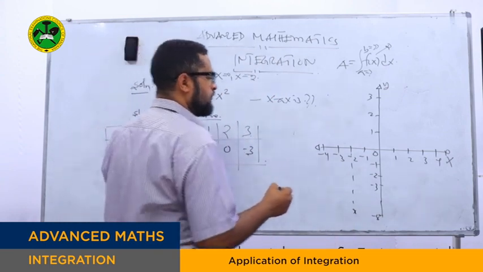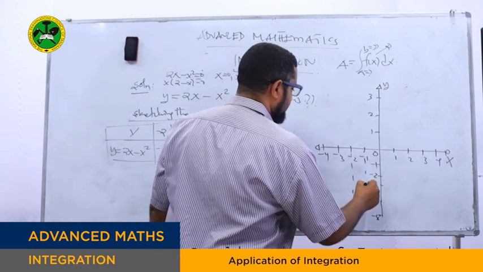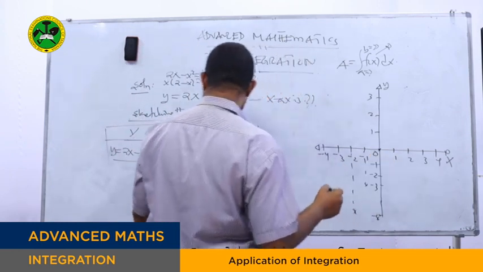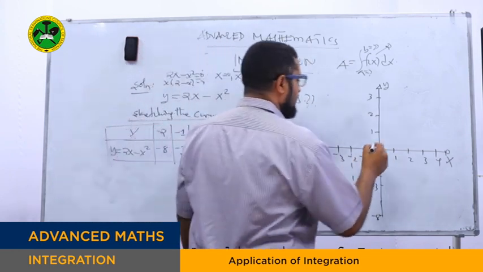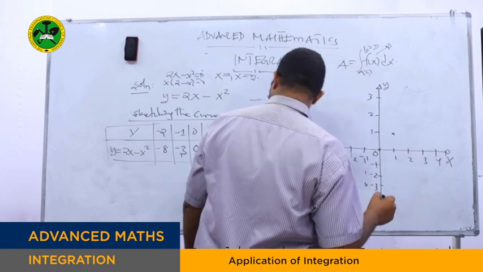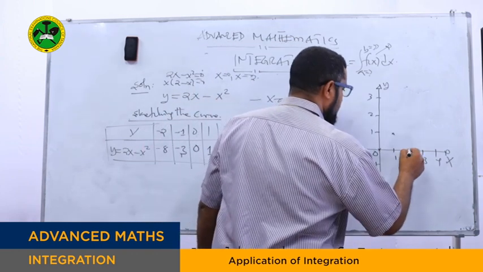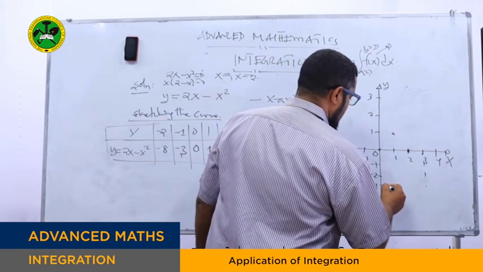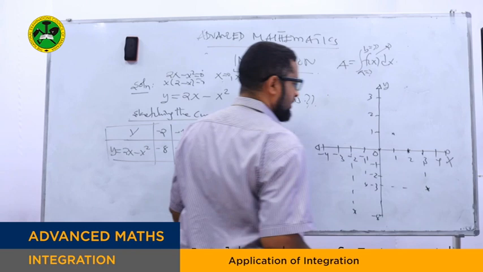When x equal to negative 1, we have negative 3. When x equal to 0, we have 0. When x equal to 1, we have 1. When x equal to 2, we have 0. And when x equal to 3, we have negative 3.